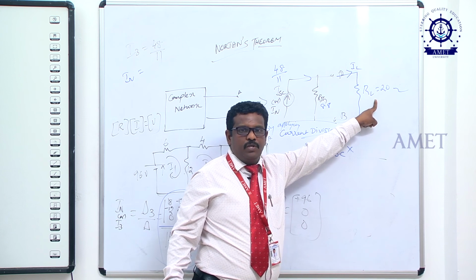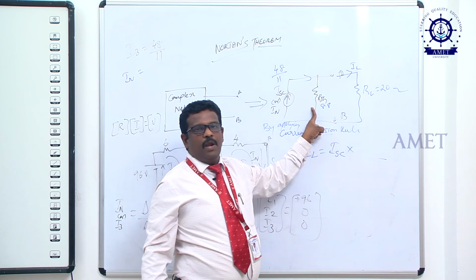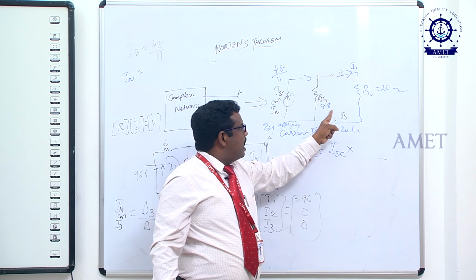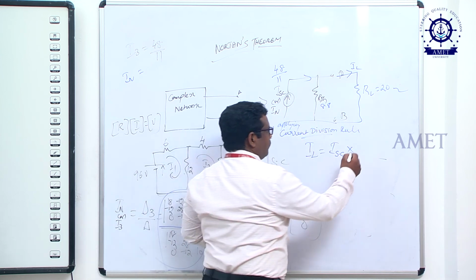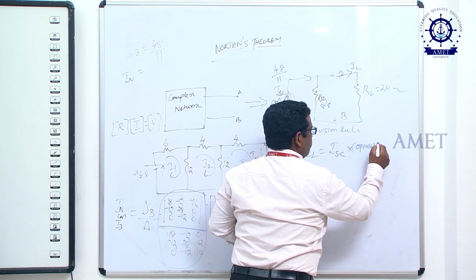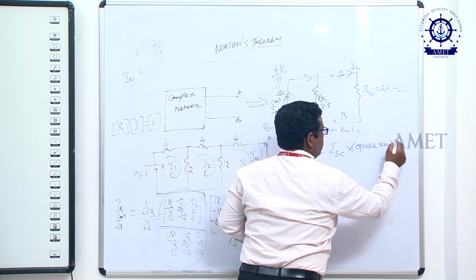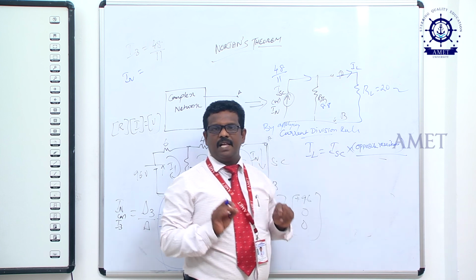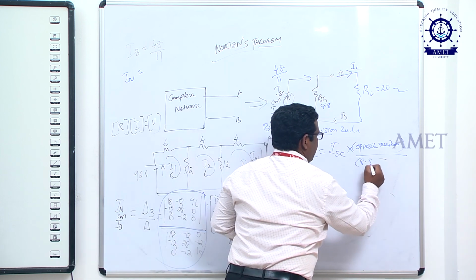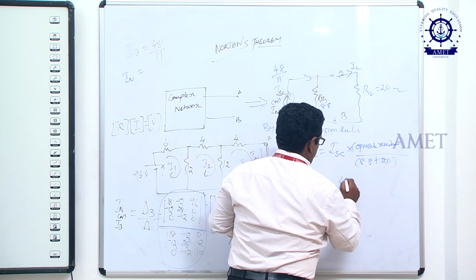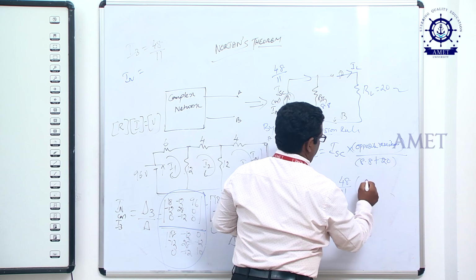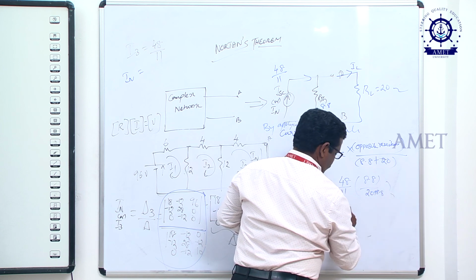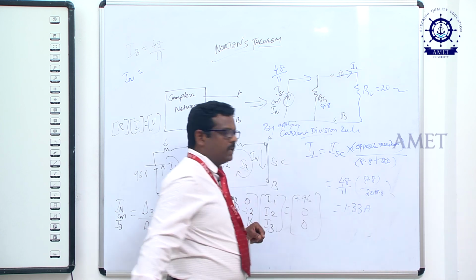So, for this path, which one is the opposite side resistance? 8.8 ohm is the opposite resistance, divided by the sum of these two resistances, that is called the current division rule, that is 8.8 plus 20. This is called the load current.